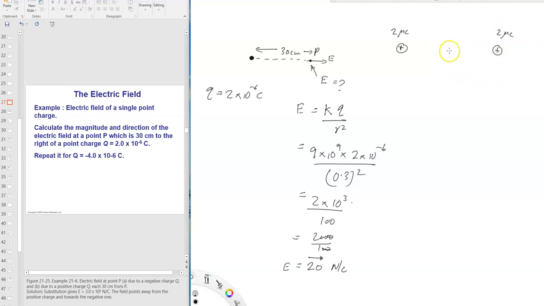What's the electric field at the midpoint between them? So how do you find this? You can calculate the electric field E1 due to this one, if you know the distance, E2 due to this one, and then you add the vectors together to figure out the resulting electric field.